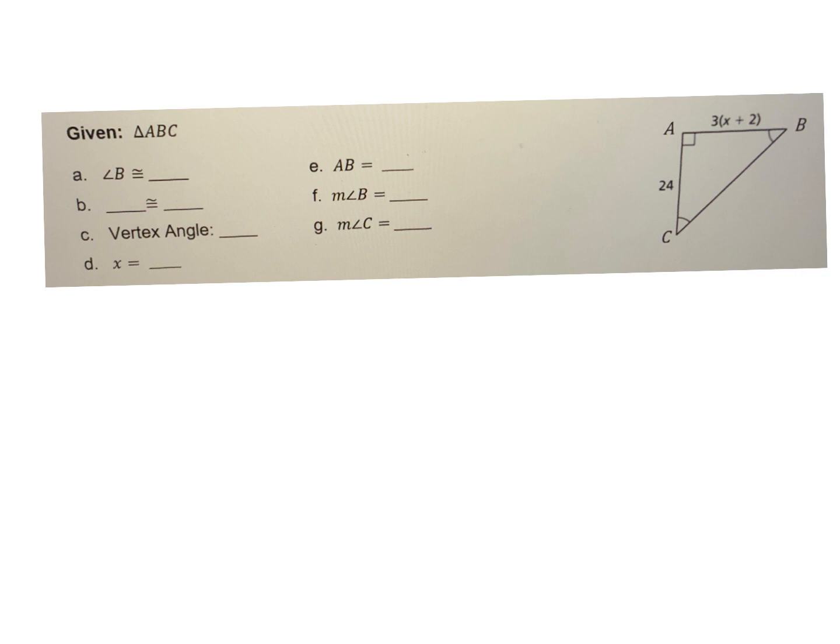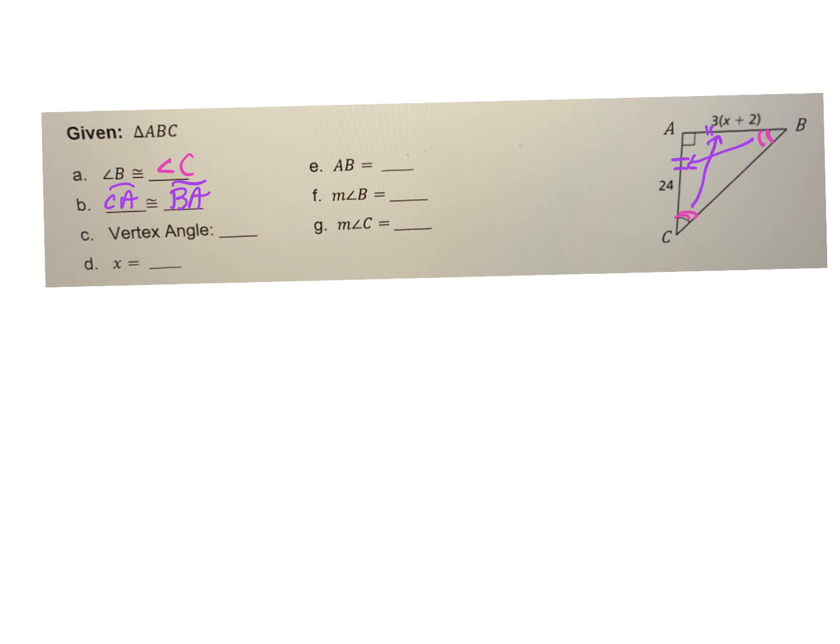All right, so let's apply what we just talked about. If angle B is congruent to what? Yes, angle C. If we know that angle B is congruent to angle C, remember, we can go opposite and make our legs congruent to each other. So we can say that CA is congruent to BA.